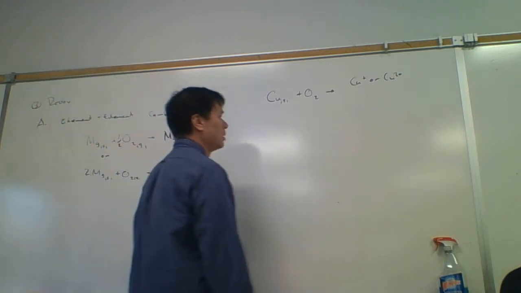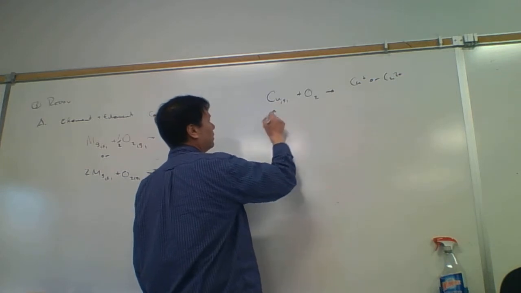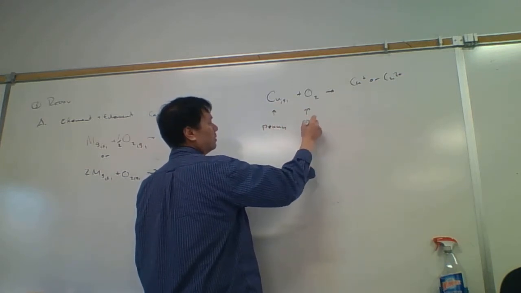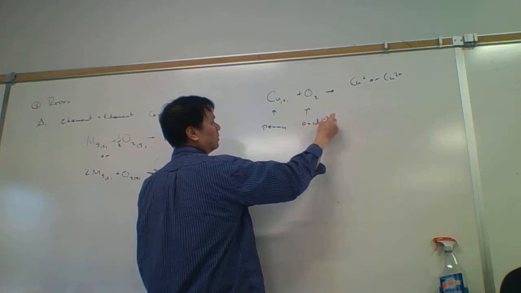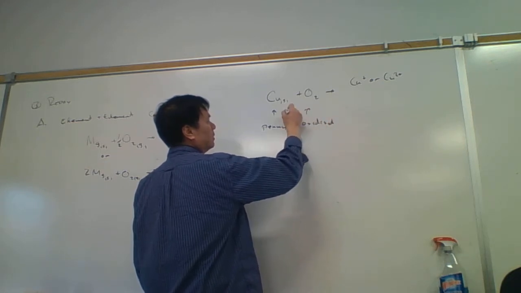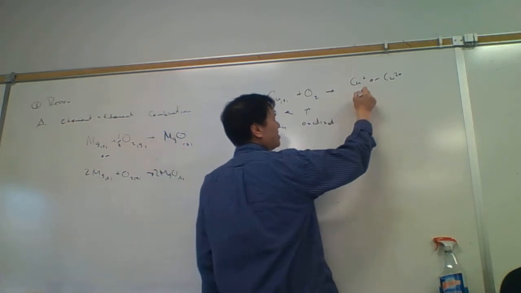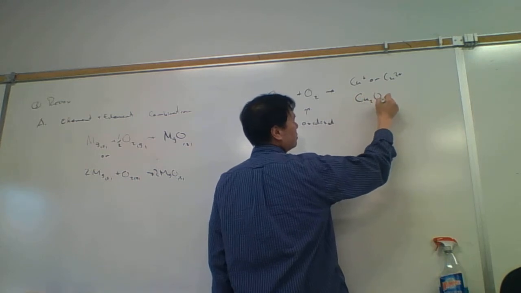Well, let's say you have a penny, and the penny is oxidized by oxygen. What happens is the first one that forms is Cu2O solid.